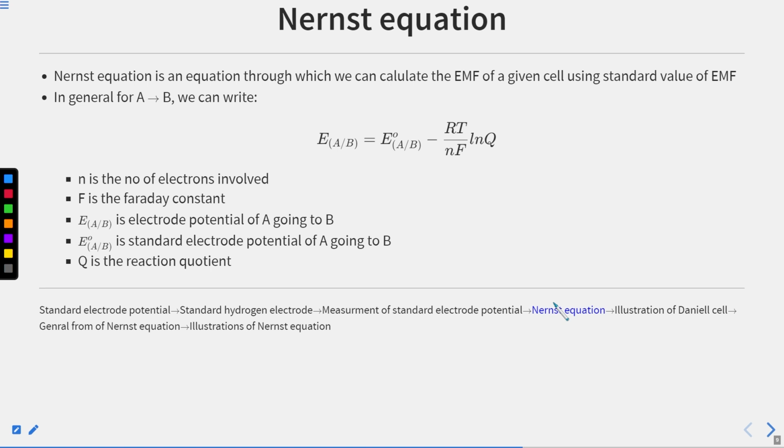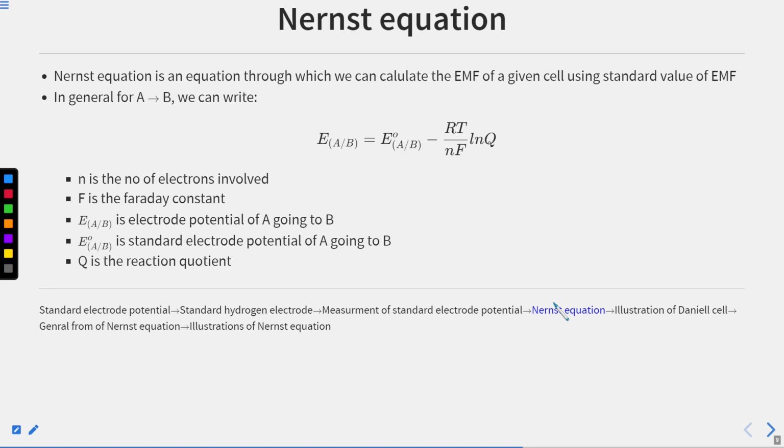So in books you will often see that we are just subtracting E reduction of the given species minus E reduction of the species getting oxidized. Basically, in books, if you have to calculate the EMF, it is written as EMF equals the reduction potential of the species getting reduced minus the reduction potential of the species getting oxidized. But it is not so.